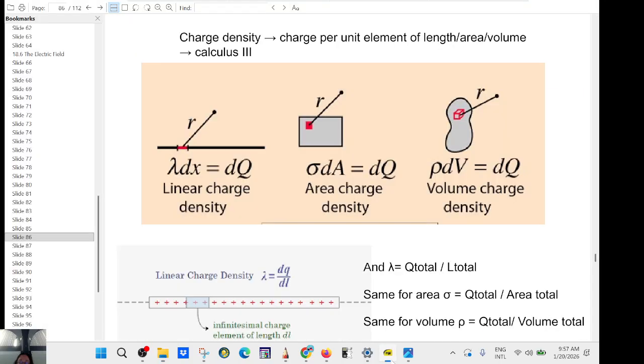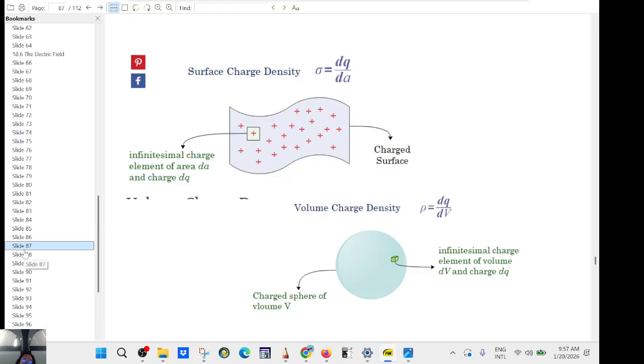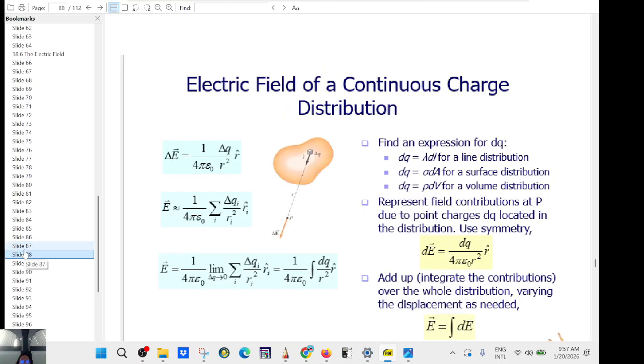So then the issue is we have to use calculus to find the electric field at a given point. For example, at that point P, you want to find the electric field. So you're going to use the vector sum of all the electric fields generated by each little delta Q. You are using the superposition principle, so it's a vector sum.